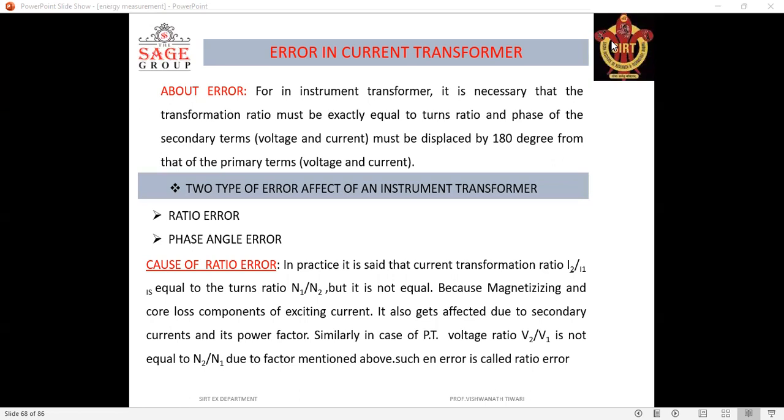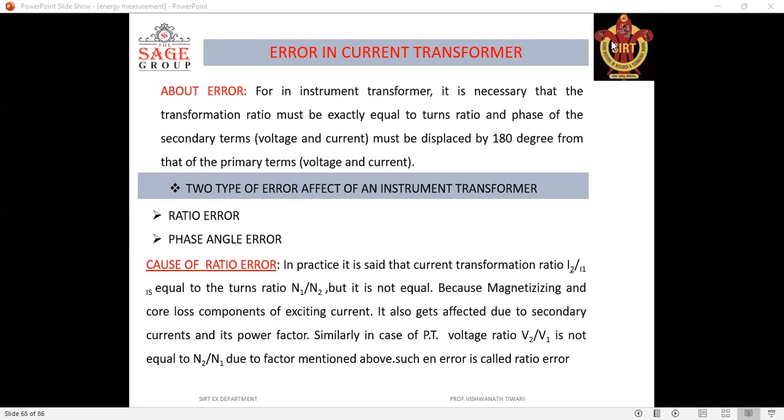Similarly in the case of PT, potential transformer, the voltage ratio V2 by V1 is not equal to N2 by N1. Due to the factors mentioned above, such an error is called ratio error. So this is the cause of error in a transformer, because a transformer has different types of losses.